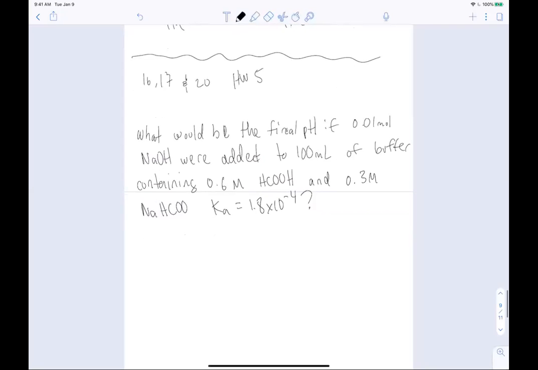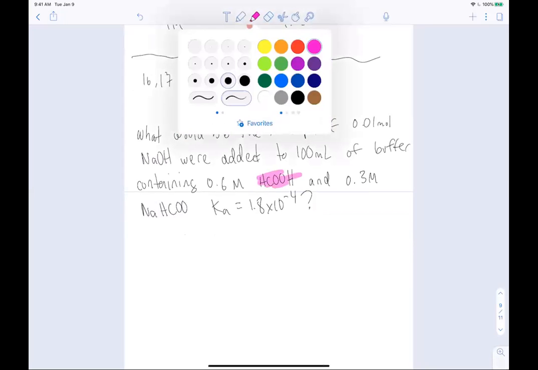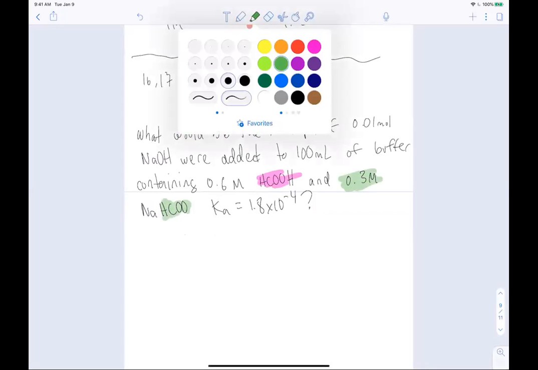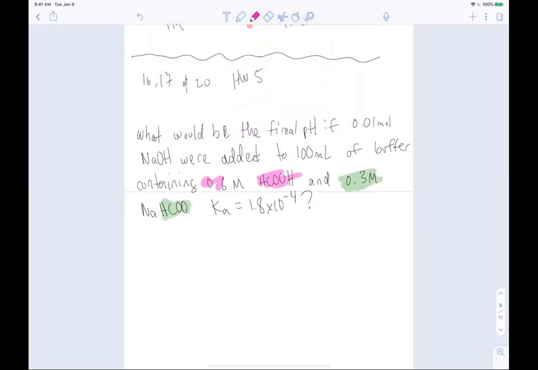This is basically similar to the problem that we just worked in class. We know we have a buffer because they're telling us, but also because you can identify the acid and its conjugate base pair, the concentration of A minus and the concentration of HA.